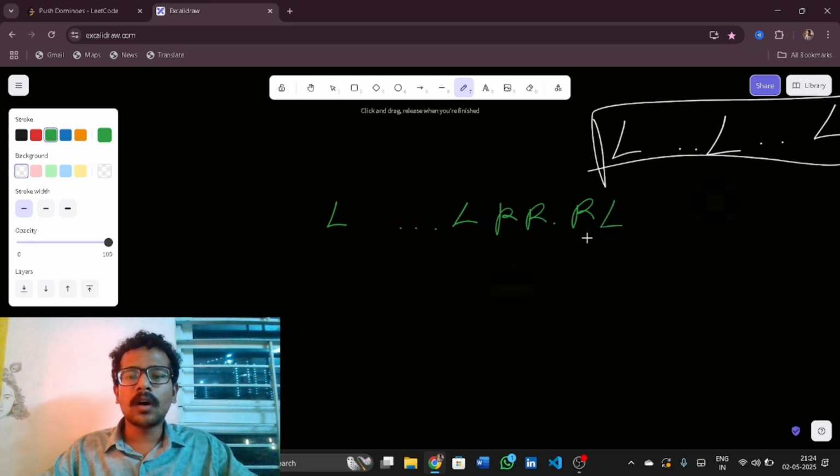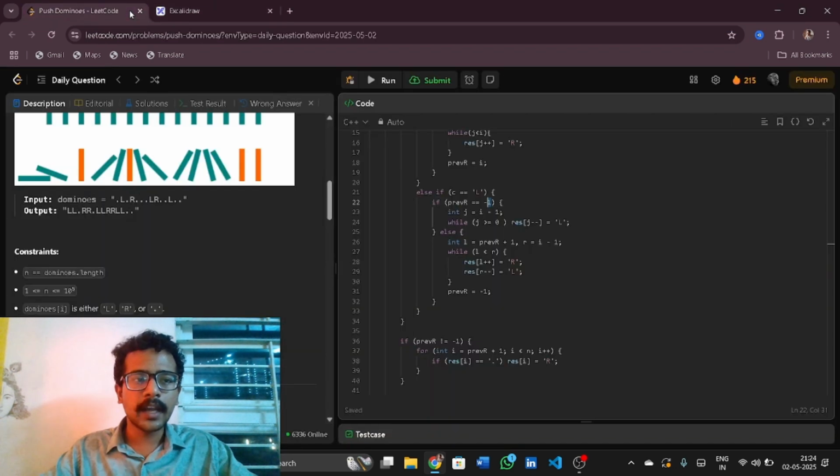Now, here previous R is -1. Previously R will be -1. Now, what I have here is I am just getting previous R is equal to -1. But if it is not equal to -1, I am just starting from where this previous R is, and R is equal to I minus 1.